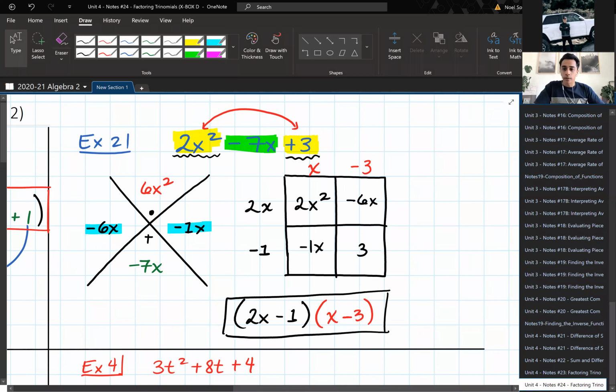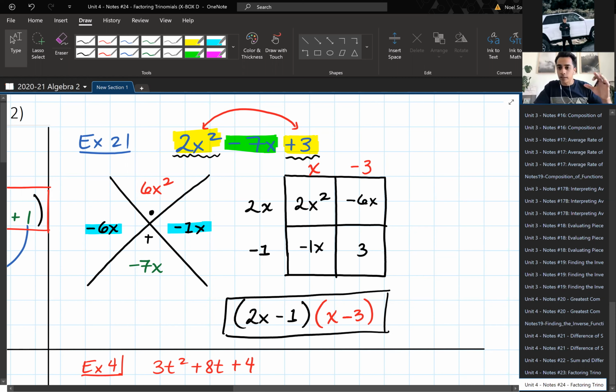All right. So the Xbox method can seem really complex and long at first, right? And so some of you might be thinking like, I don't like this because it seems like a lot of steps, and the other one was a little bit more simplified. Just give it a chance, right? Try it a couple more times. And then sometimes the Xbox method can actually be very helpful, especially when the numbers start to get really big.